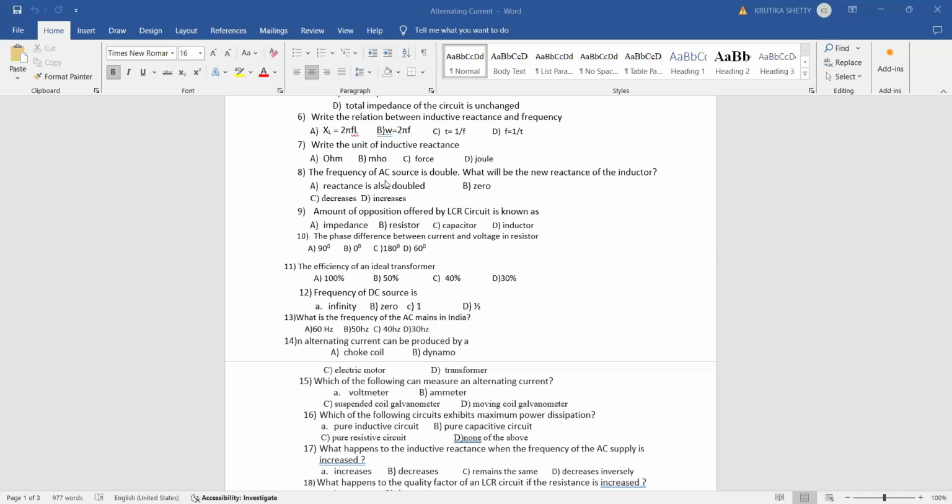Option A is the correct answer. Go for the next question. Question number 8. The frequency of the AC source is doubled. What will be the new reactance of the inductor? Meaning XL. What happens to XL if you are increasing the frequency to double? Again, based on the formula, you can answer this.